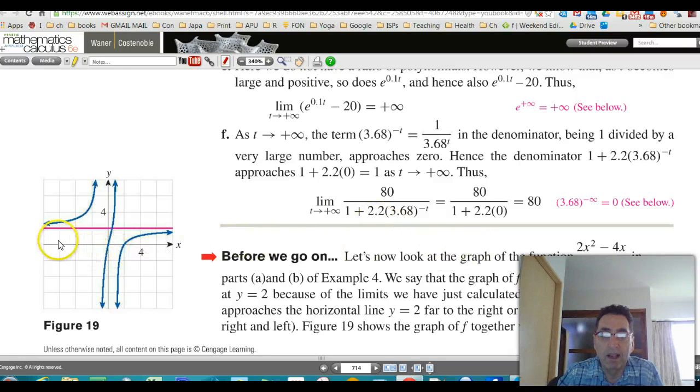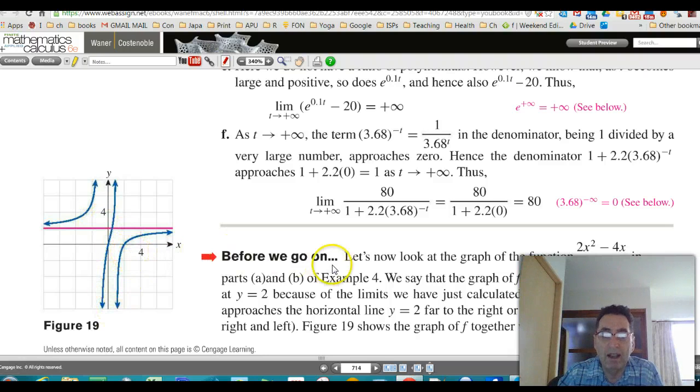And also, by the way, if you have a number that it does approach, then we call this red line here a horizontal asymptote. This red line, the line that it approaches, is called a horizontal asymptote. It doesn't have to go both ways.